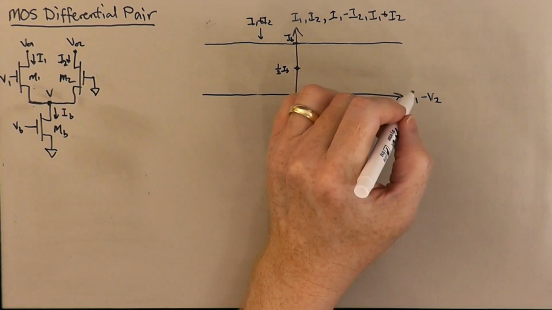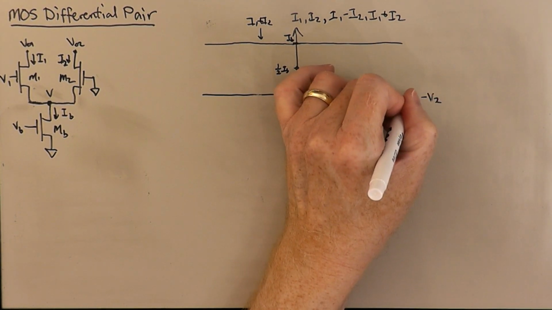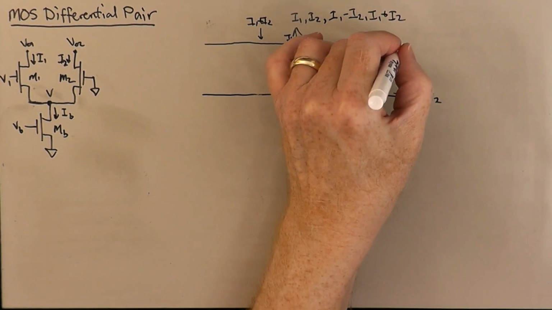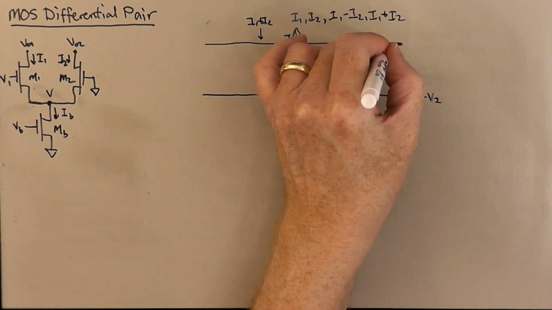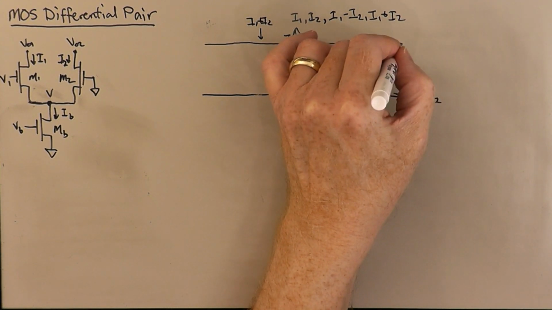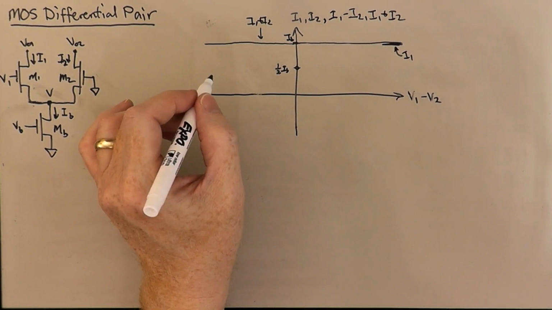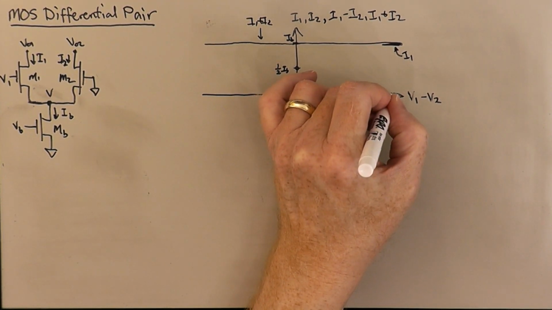We figured out that when V1 exceeds V2 by some amount, not necessarily very big, I1 is practically all of IB. So this is I1. And I2 is practically 0.